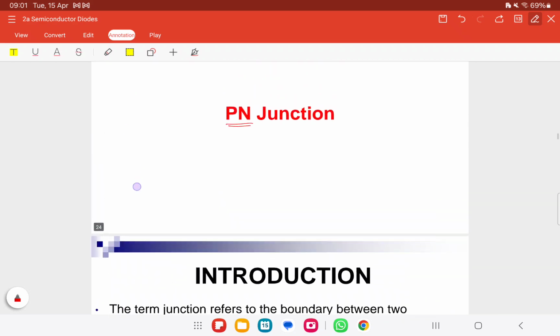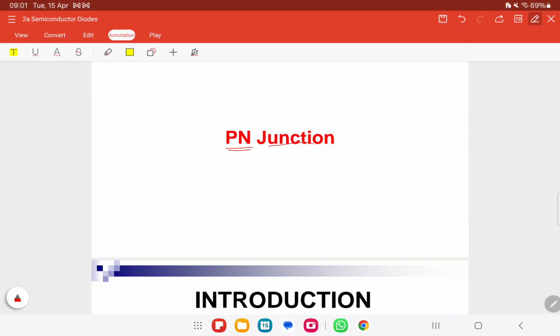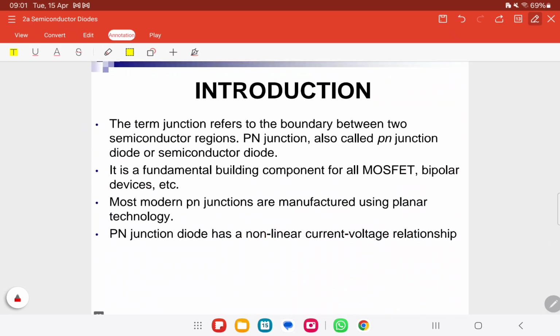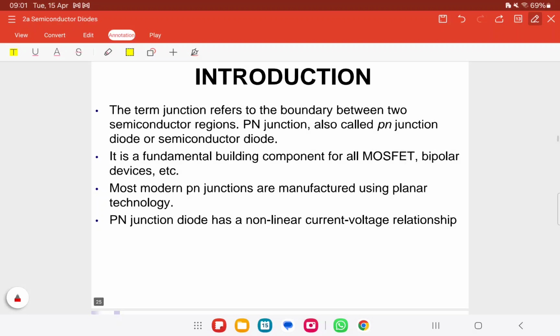Alright, so now nanti you guys akan tengok juga why we call it the junction. The PN comes from the P type and N type. The term junction refers to the boundary when we have one type adjacent with another type. What are the majority carriers for P type?